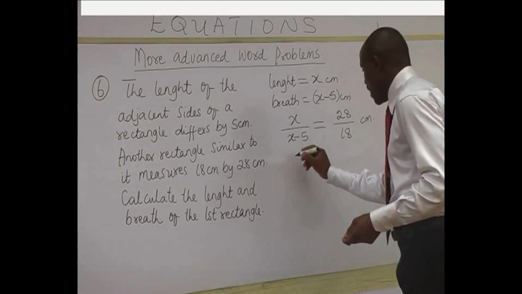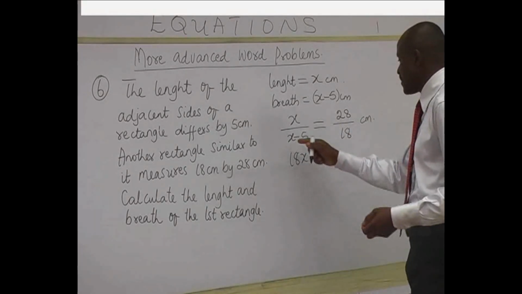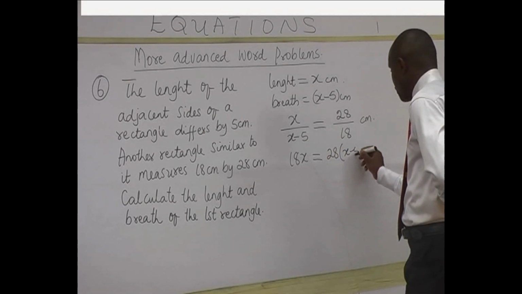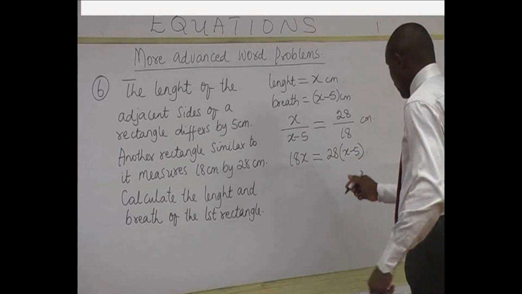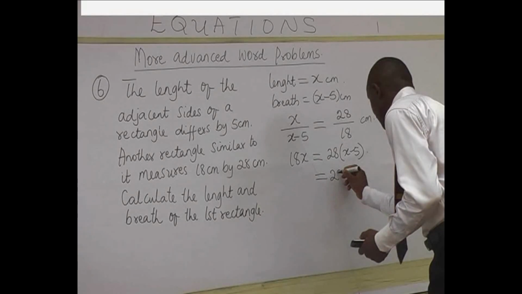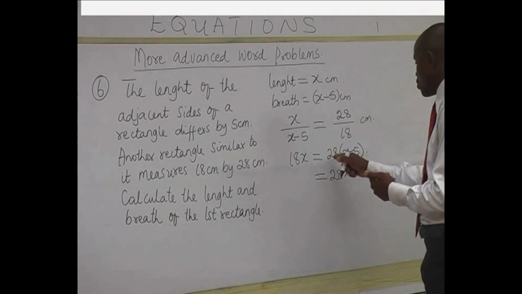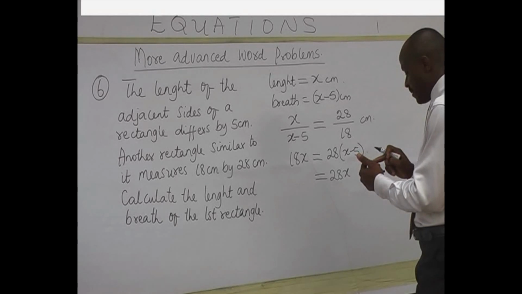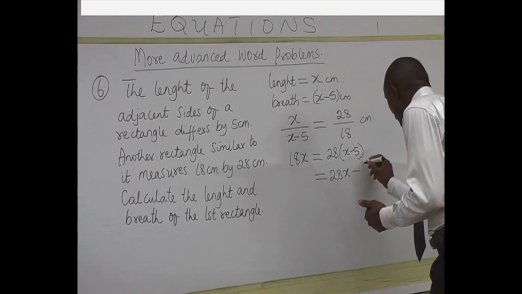X times 18 will leave you with 18x, which is equal to 28 times x minus 5, that is 28 into x minus 5. Remove the bracket from the right-hand side of the equation. 28 times x will give you 28x. Now use a calculator to multiply 28 and 5. 28 times 5 is giving us 140.